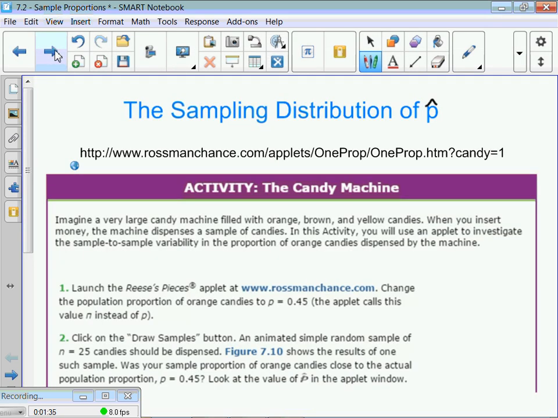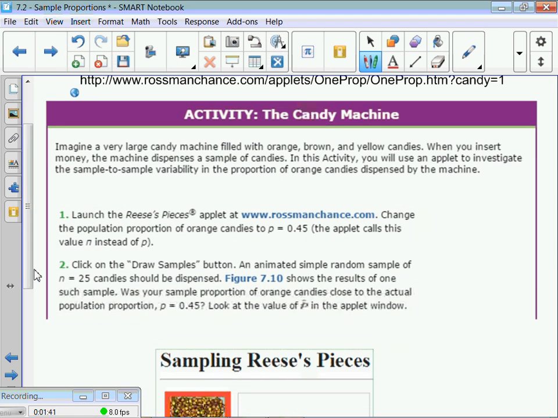All right, sampling distribution of p hat. Activity, the candy machine. So we're going to read through this and do it as we go all together. So Kim, will you read the first paragraph and number 1?